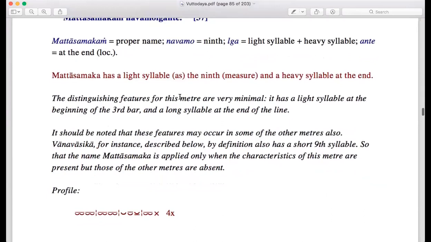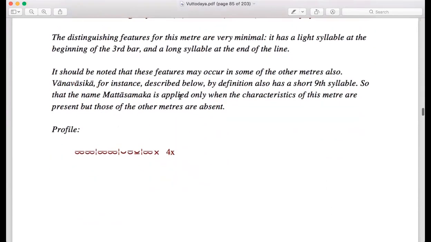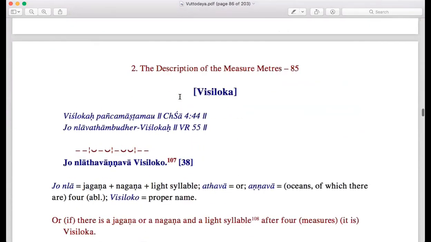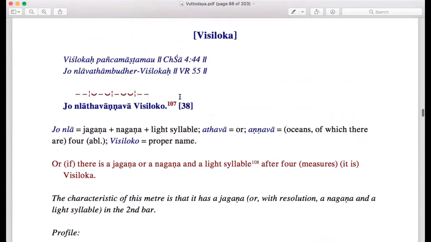So are there any other questions? Okay, then let's go to the next verse. It is Visiloka. Jo La, or we can pronounce it as Jon La, because at the beginning of a conjunct we pronounce O and A as light syllables.